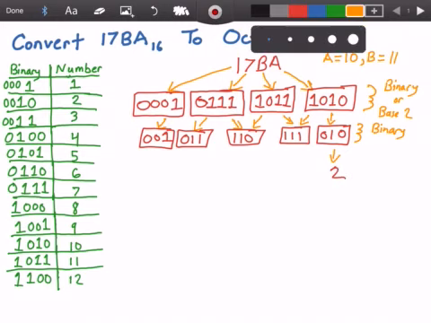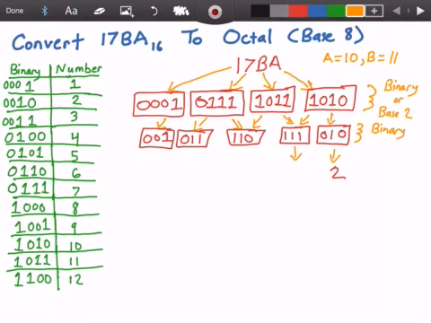Then we look again to the chart to the left for the binary digit 111, and we see that here. And that is just the number 7. So we're going to put 7 here. And next we're going to look at the binary digit 110. So 110 is here. Okay.